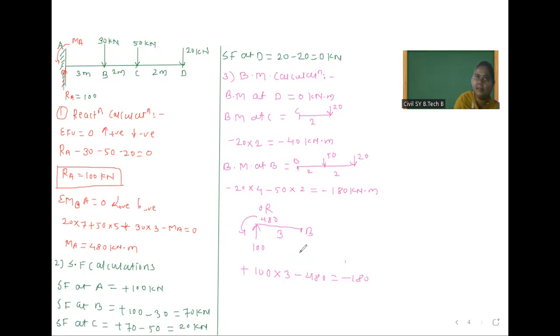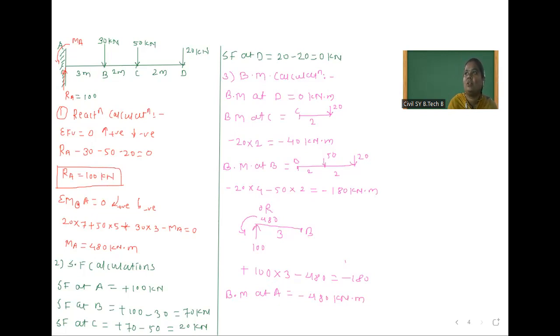And then lastly, bending moment at A is equal to minus 480 kilonewton meter.